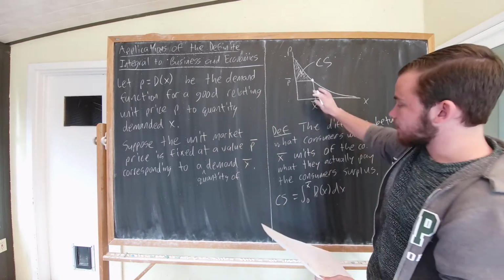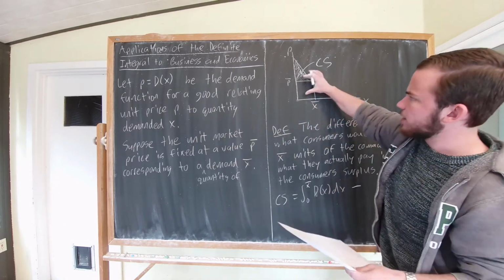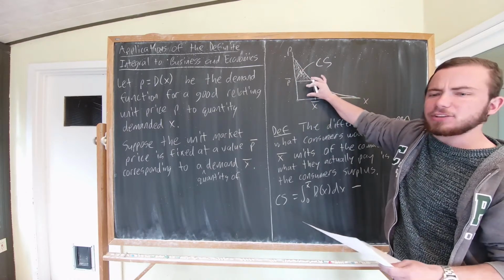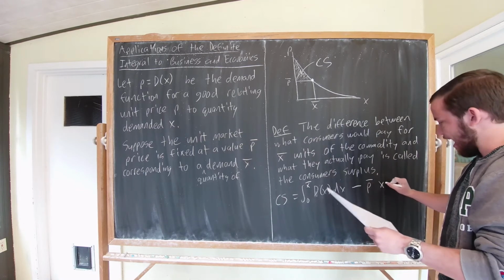So we integrate the demand function from 0 to x bar, and then we subtract away this little rectangle here, which has area p bar x bar.